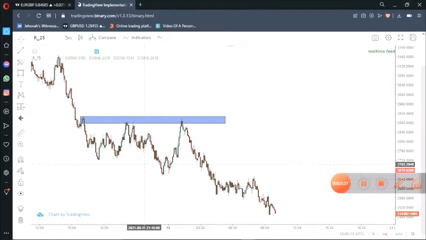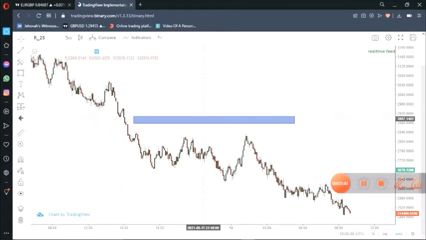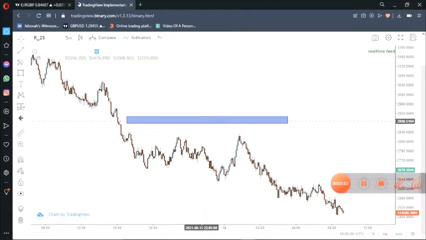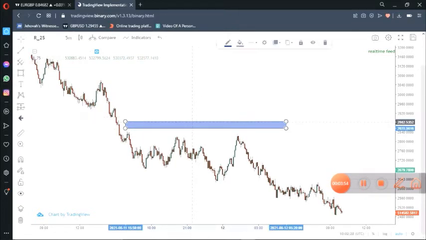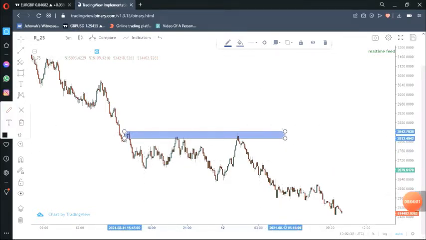That's another thing. When you zoom in, it goes all the way out. But what I'm simply trying to do is just zoom this in. So when you draw your levels here, it touched here the first time, the second time, and the third time, that's when it's valid.